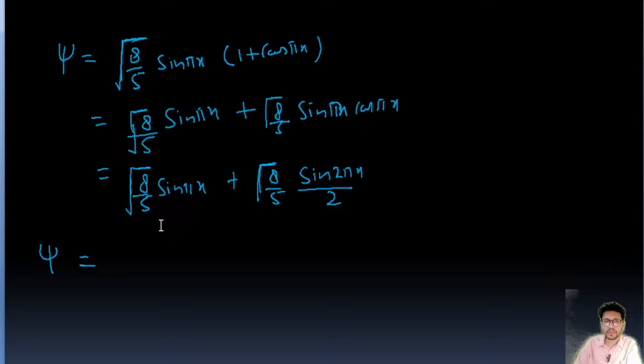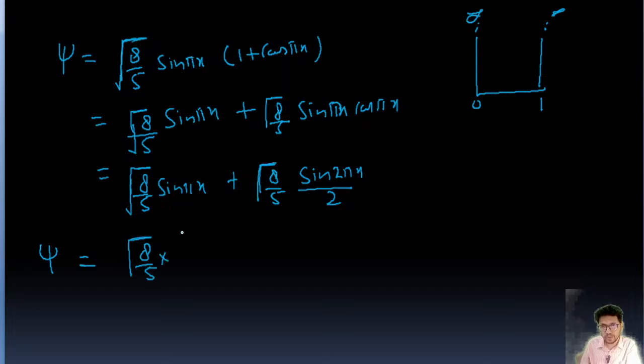And now what we are going to do is normalize it. Since this is a one dimensional infinite potential box, and this length is 1, we are going to normalize it. So it is going to be 8 upon root 5 into root 2 upon L, right?